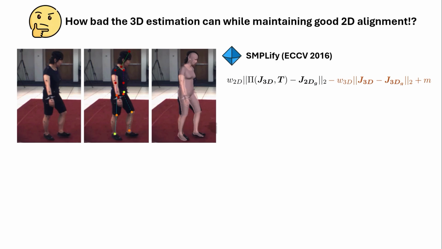So if I maximize the 3D one while minimizing the 2D one, then I expect to have some estimation that's perfectly aligned with the image evidence, but the 3D one should look to be garbage.